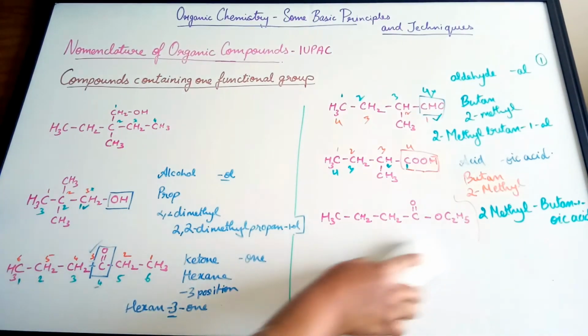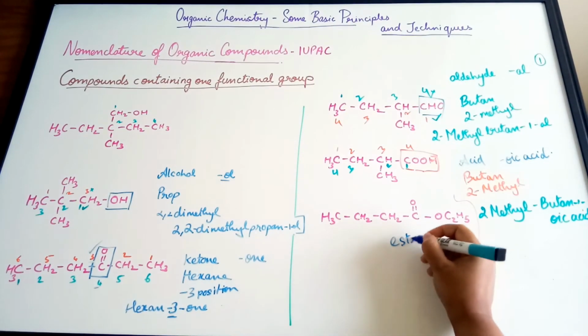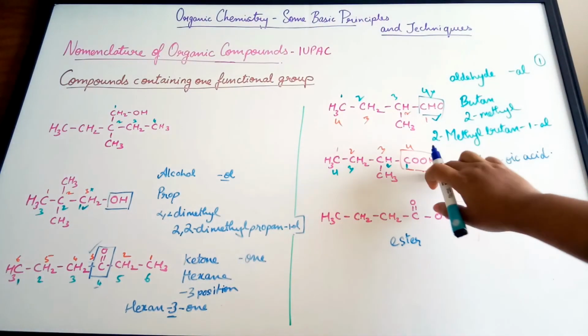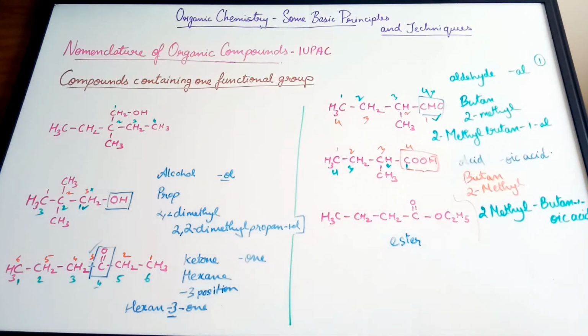Now the last compound, COOC2H5. This is a unique compound called an ester. An ester is considered a derivative of the carboxylic acid, and you'll be learning in detail about various functional groups and their reactions in grade 12.